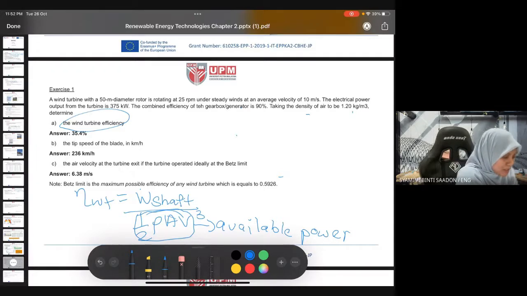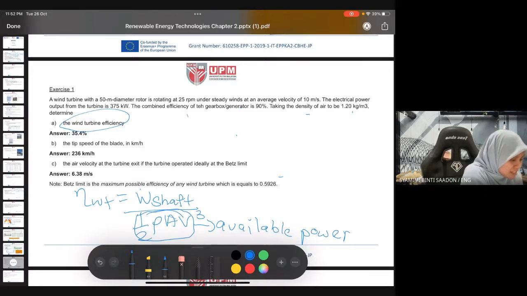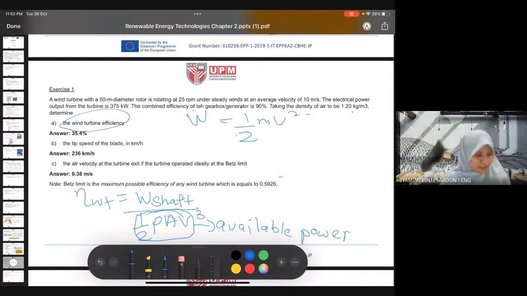Available power. Remember, a wind turbine converts the kinetic energy of the fluid to mechanical power or electrical power, right? So we use the definition of kinetic energy. We know that kinetic energy is 1 over 2 m v square.